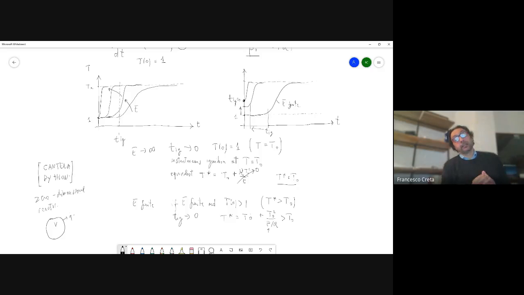But for the courageous students who are proficient a little bit with Python, if you have an hour to spare, you can go to cantera.org and download one of the examples regarding something like this, a homogeneous reactor.